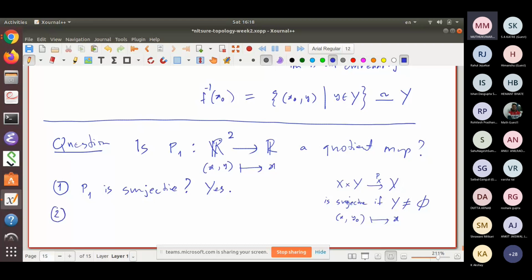And the second requirement, the combined requirement, was: V contained in R is open if and only if P1 inverse of V contained in R2 is open.